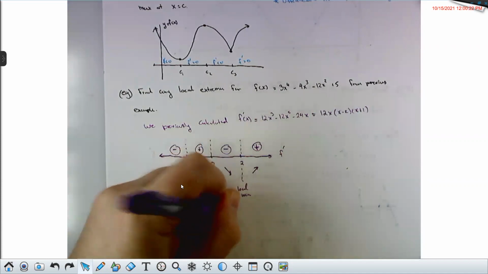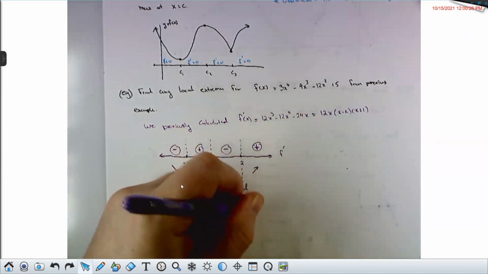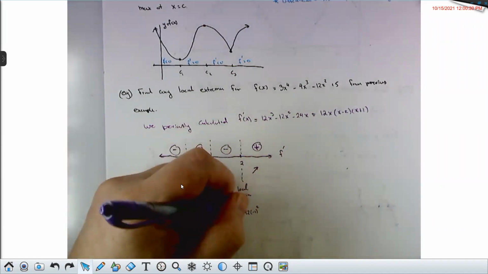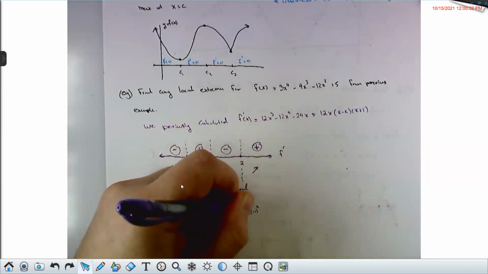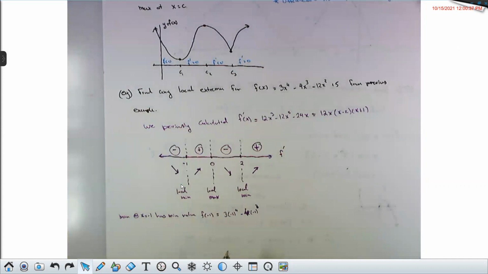That's going to be 3 times -1 to the 4 minus 12 times -1 squared. I'm sorry, minus 4, I was looking at the wrong thing. 4 times -1 cubed. Yeah, this is correct.